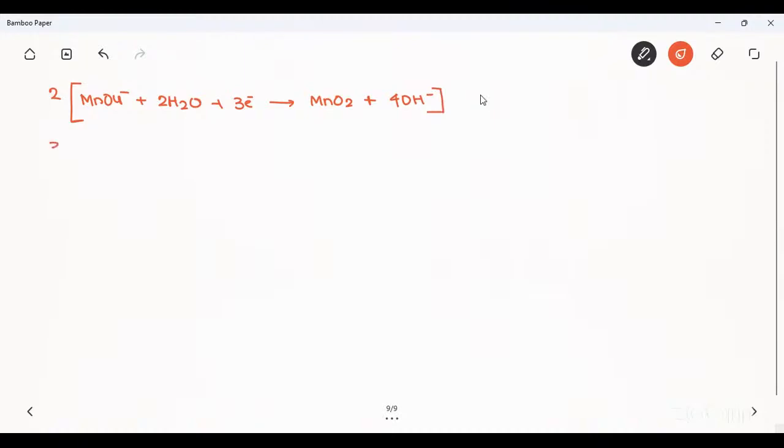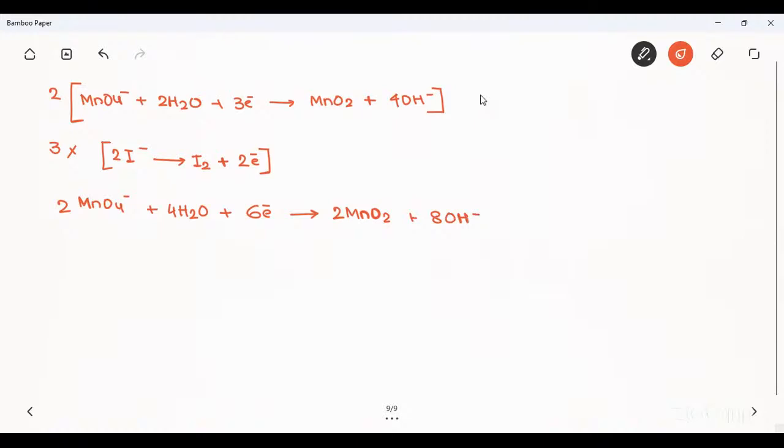And 3 of 2 iodide, 2I minus, gives I2 plus 2 electrons. And so what do we get from this? 2 MnO4 minus plus 4 water plus 6 electrons producing 2 MnO2 and 8 OH minus.